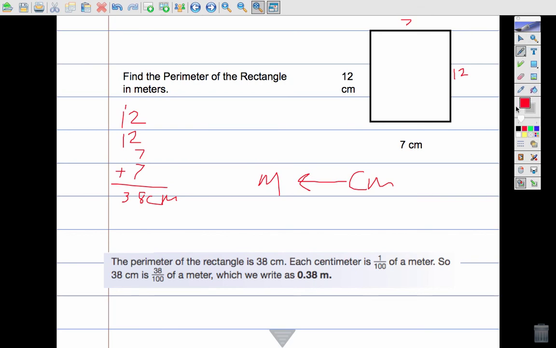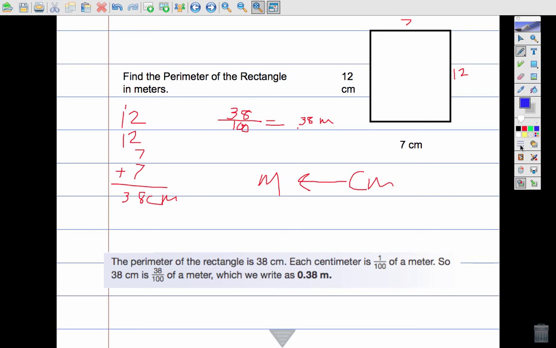So I can rewrite my fraction as 38 over 100. And then we can rewrite that as a decimal because we know what 38 hundredths is as a decimal. So I'm going to write it as 0.38 meters.